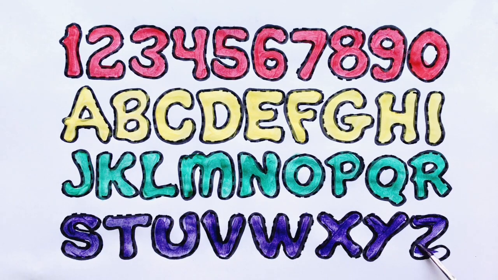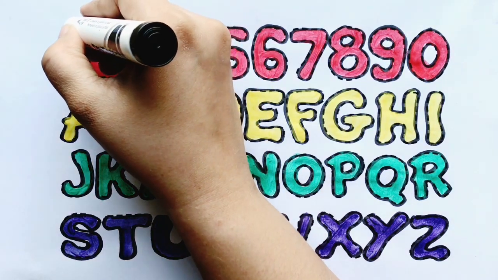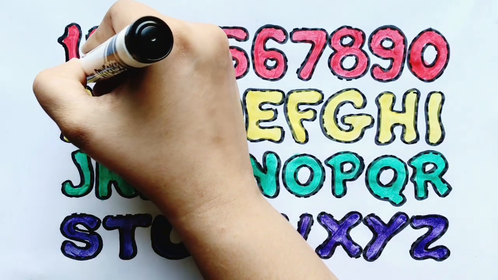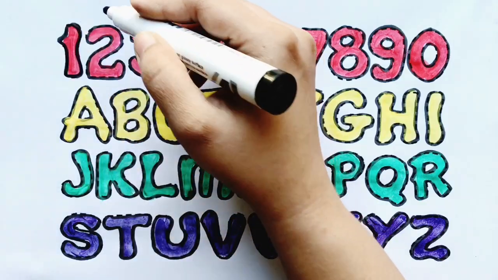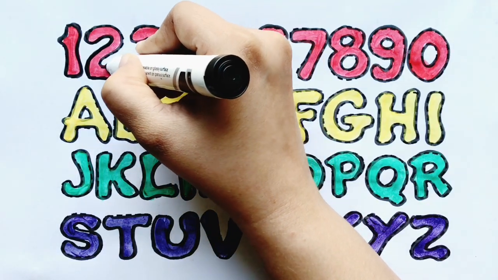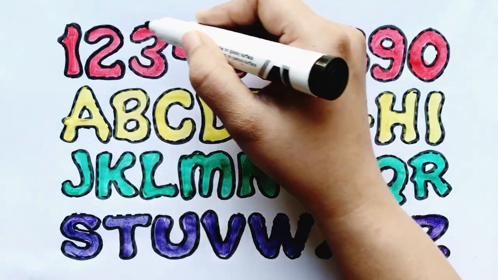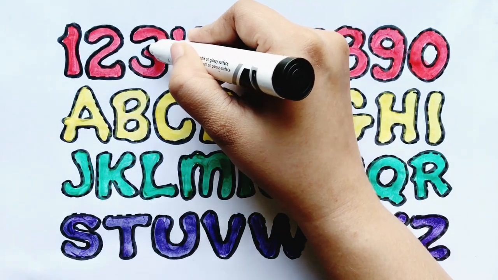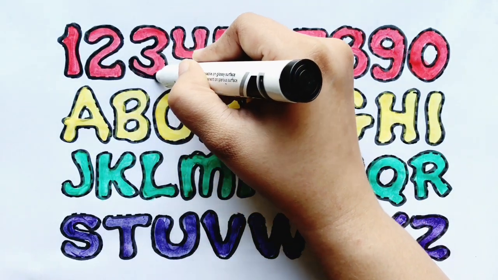And Z for zebra. A, B, C, D, E, F, G, H, I, J, K, L, M, N, O, P, Q, R, S, T, U, V, W, X, Y, and Z. Now I know my ABCs.